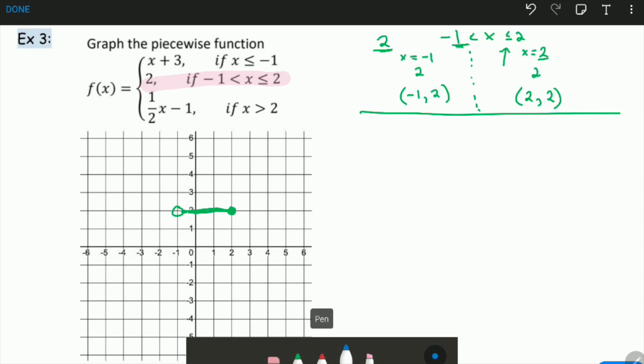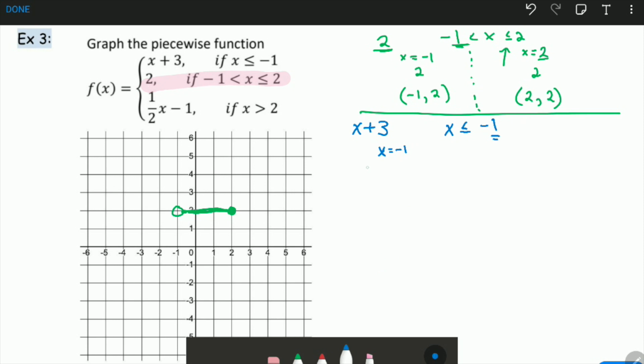Okay, now let's take care of the first piece. x plus 3, x is less than or equal to negative 1. So just like before, we still need to get the endpoint. This time we're only given one endpoint, so we're going to use x equals negative 1 in my equation.